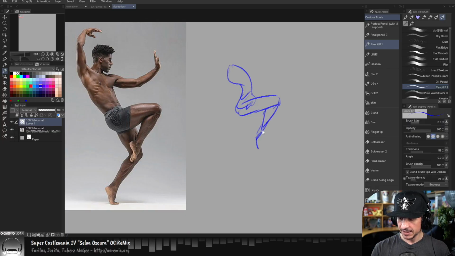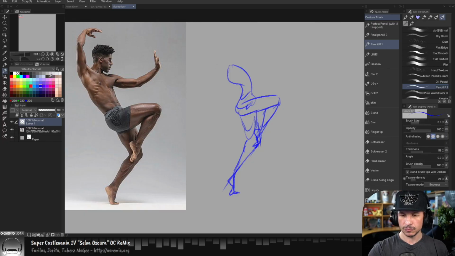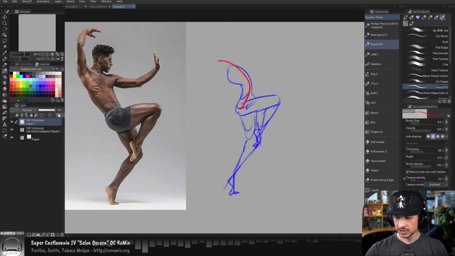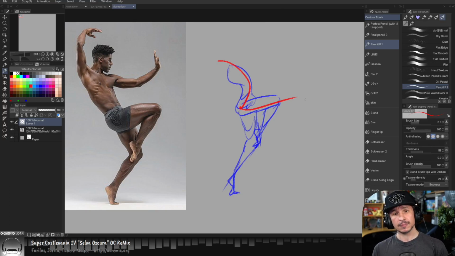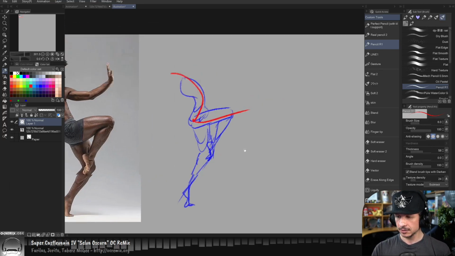Even though I'm getting the main beats of the pose in there, we can definitely feel that that's not the same. That's not right. The line of action is now doing this. It's not as interesting.